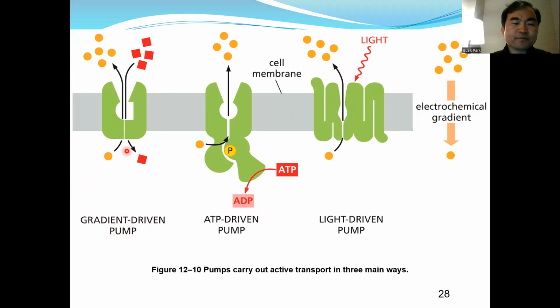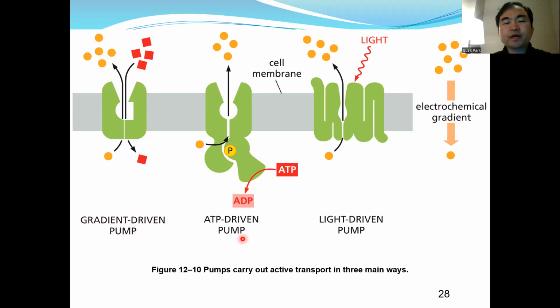So the gradient-driven pump is like this one. The concentration gradient is in this direction, from the upper part to the lower part, and then it is combined with this one, and in this case this molecule moves this way. So that is the gradient-driven pump.